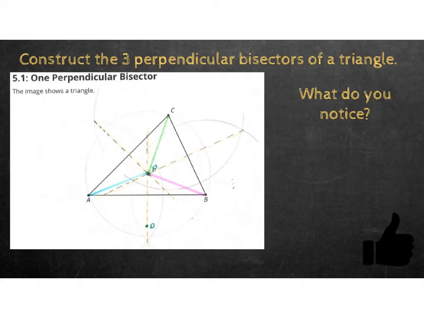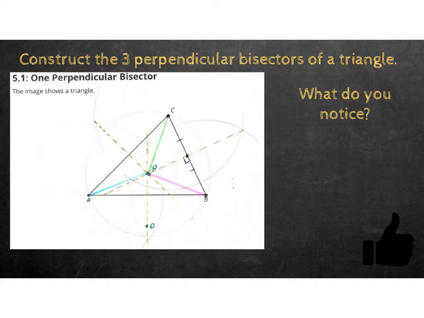Each one of those is the perpendicular bisector of that side of the triangle. So let's look at the side CB. This would be its perpendicular bisector, meaning that it goes through the midpoint, it bisects it. It's perpendicular to side CB, and it splits it in half.